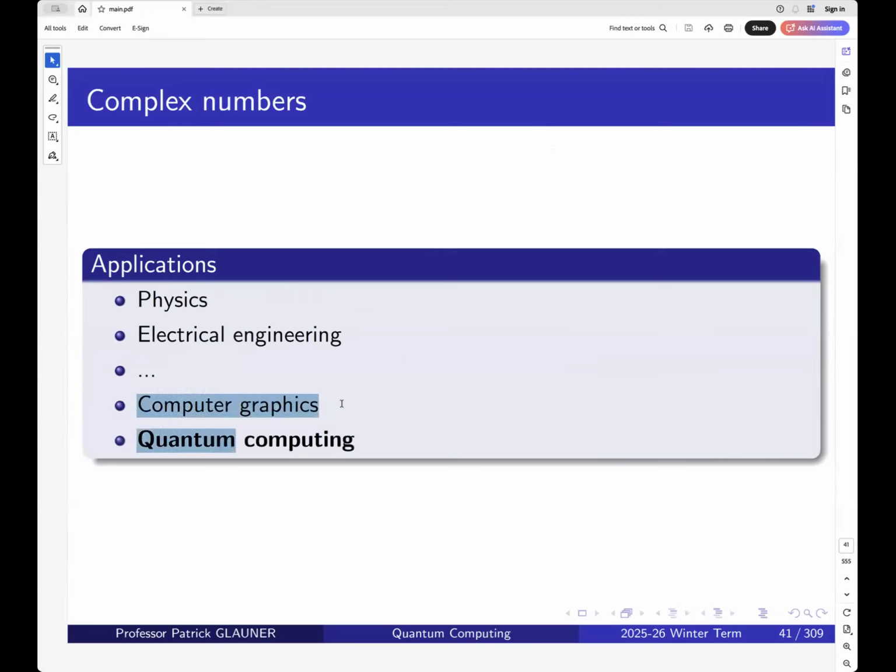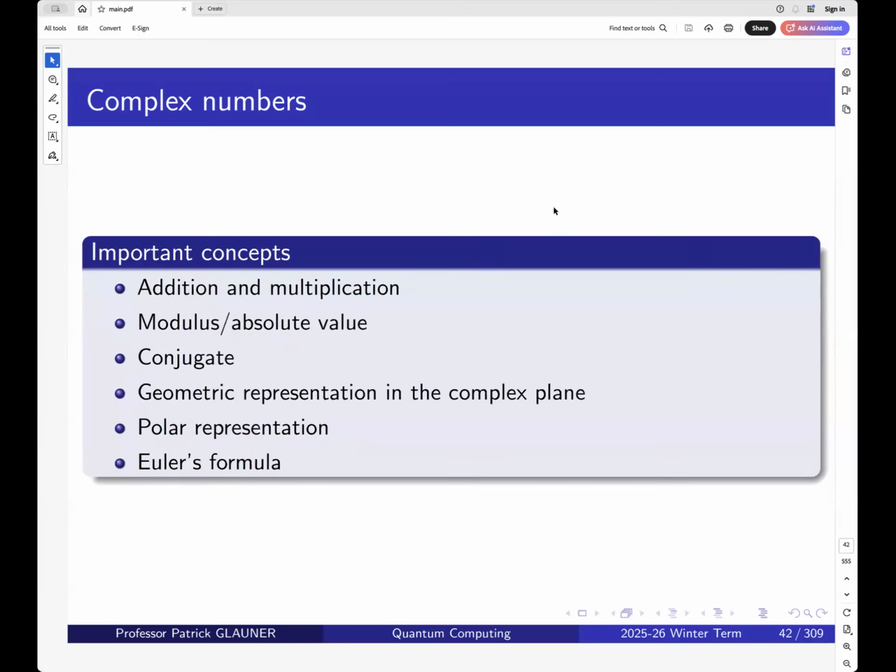Computer graphics can be interpreted in some cases through complex numbers, but there's also a generalization of complex numbers for this, or an extension. In quantum computing, what this course is about, we will actually deal with complex numbers all the time now. And we've seen so far the addition, multiplication, modulus, or the absolute value, and the conjugate.